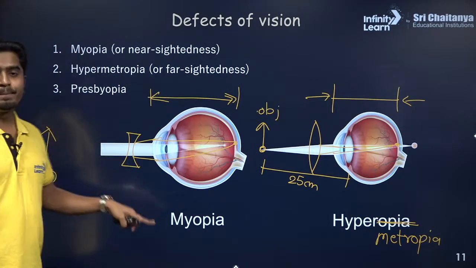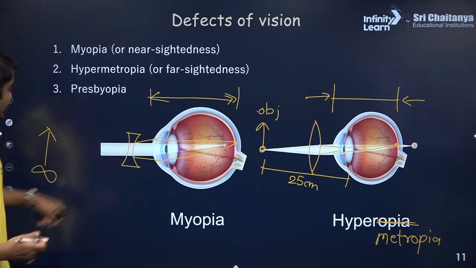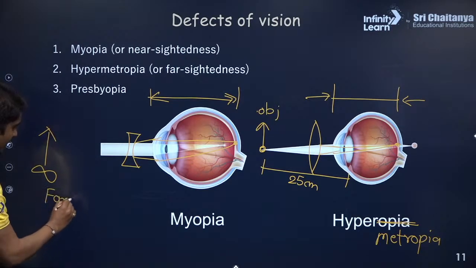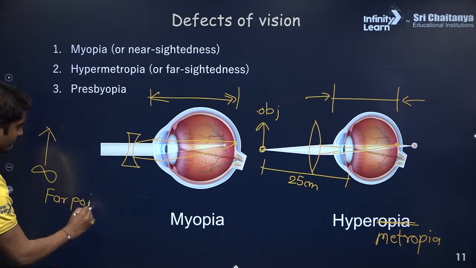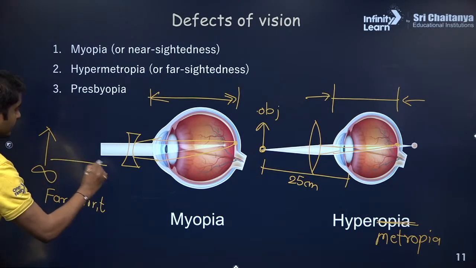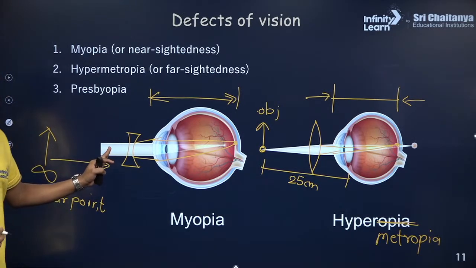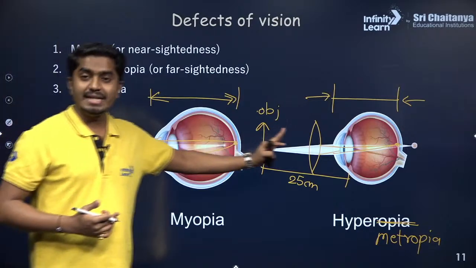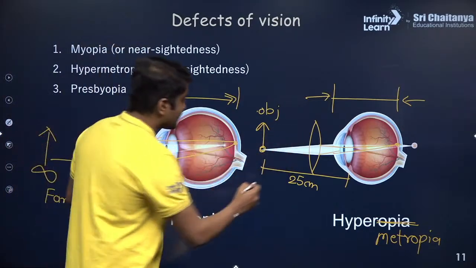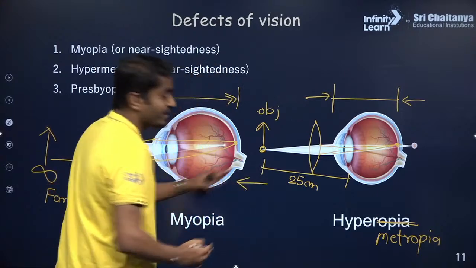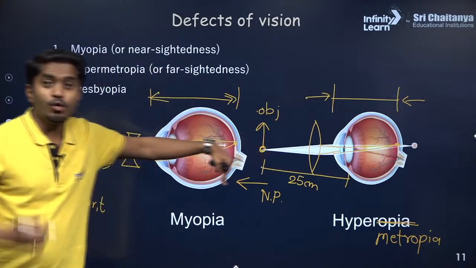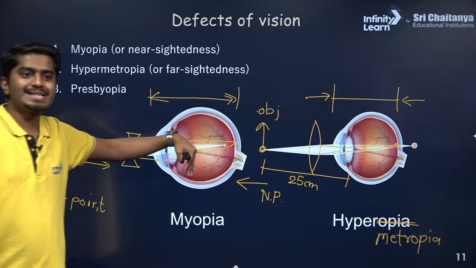So in the myopia, what happens exactly? The far point is shifted much closer than the infinity in the myopia. In hypermetropia, what is happening? The near point has shifted away. There is a near point. Near point goes away or recedes away.